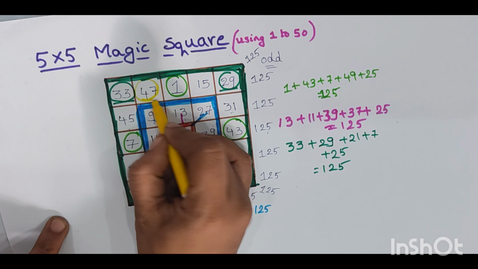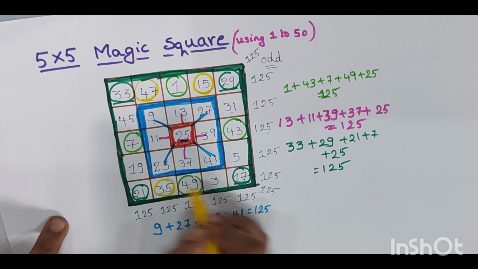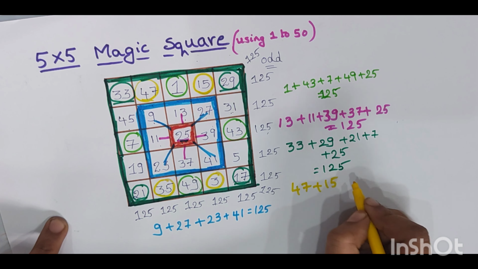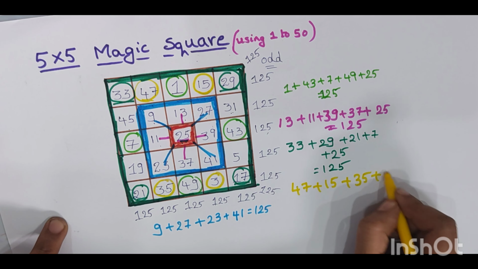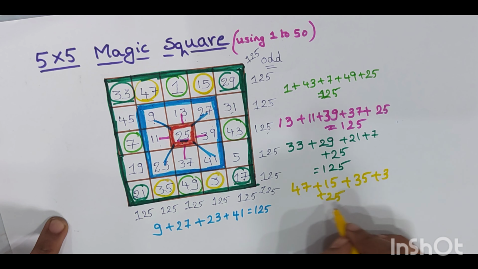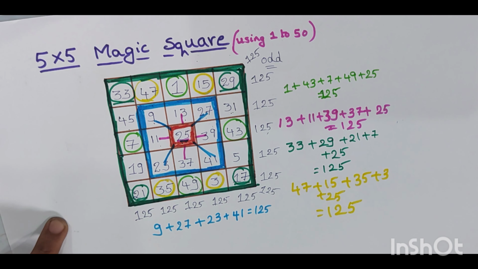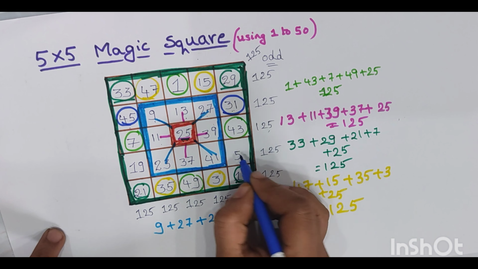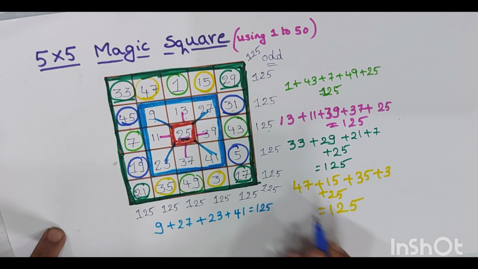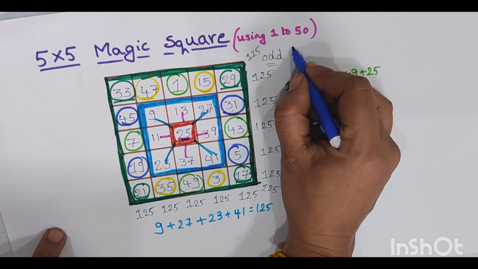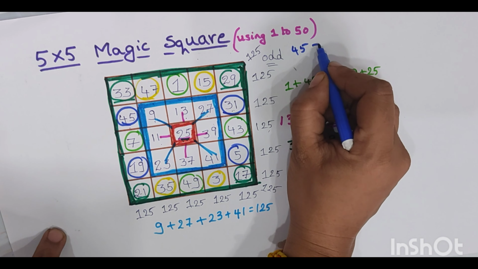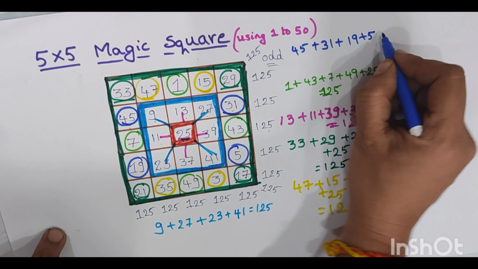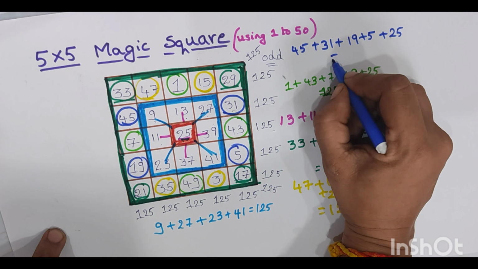Now we will add the sides of the big square, the upper side and lower side, that is 47, 15, 35 plus 3 along with the extreme center 25. We get the sum again 125, and if we take the left side and right side of the outer square, that is 45, 31, 19, 5 along with 25, then also we get the total 125.